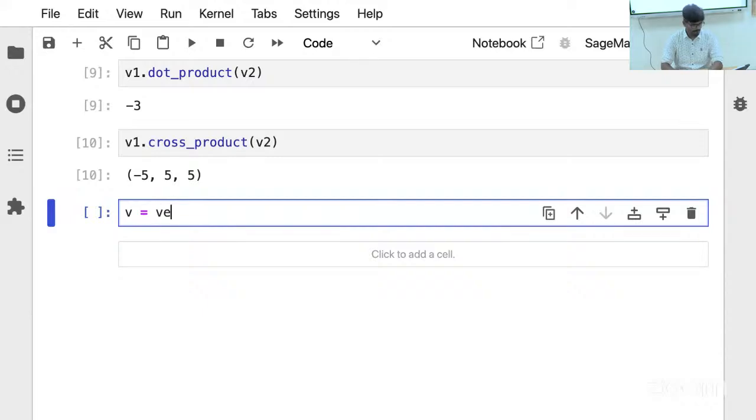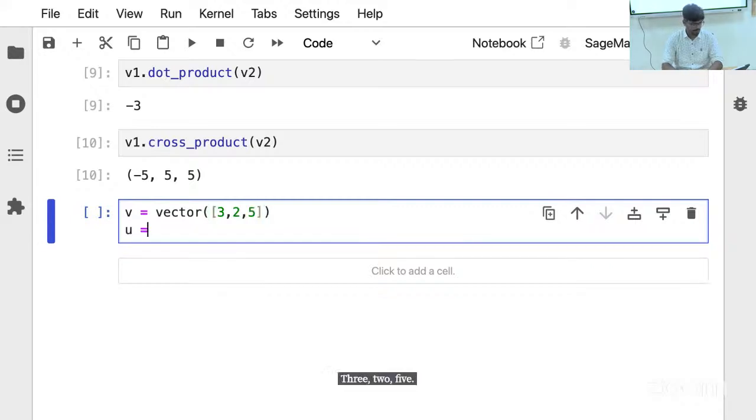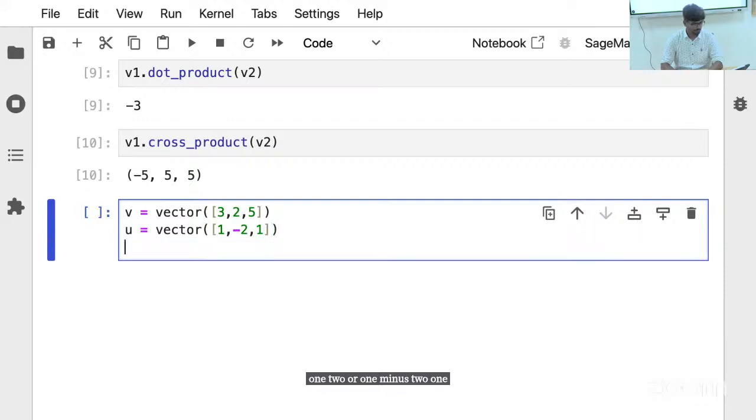Let's take a vector V as 3, 2, 5, and then another vector U as 1, -2, 1. Now we'll calculate a P as follows.